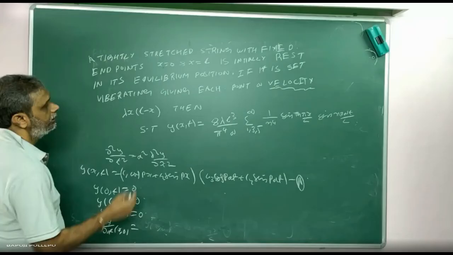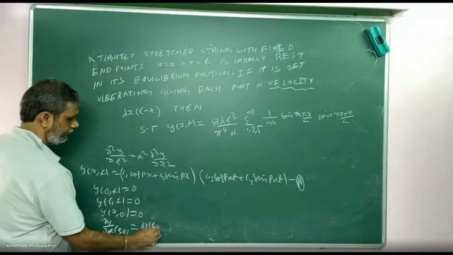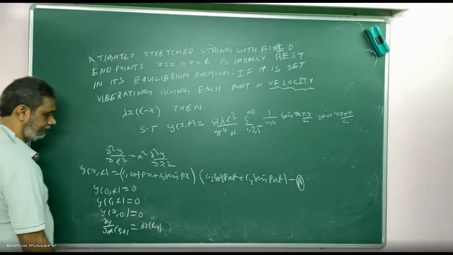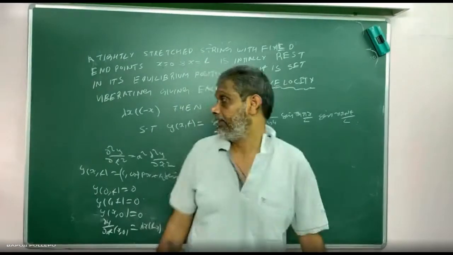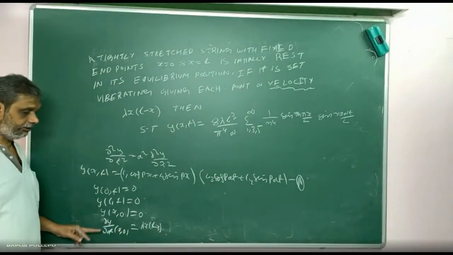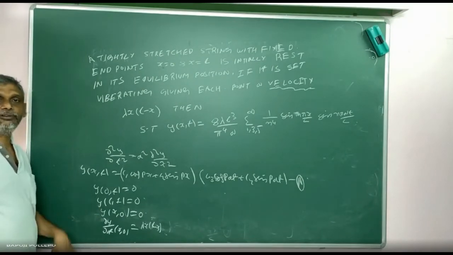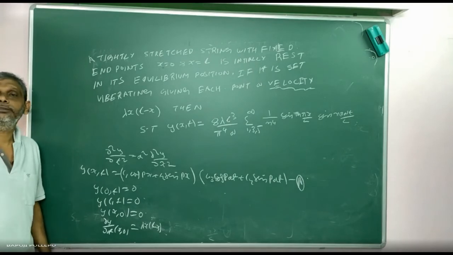What is the problem? Lambda x into (L minus x). Clear? Very carefully you can write. Previously you wrote y(x,0) as f(x); here it is reversed actually. The third condition becomes the fourth condition, and the fourth becomes the third.